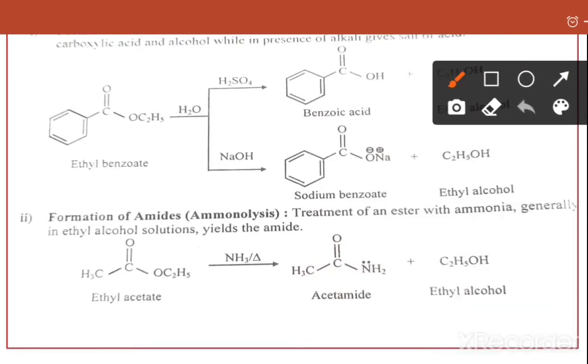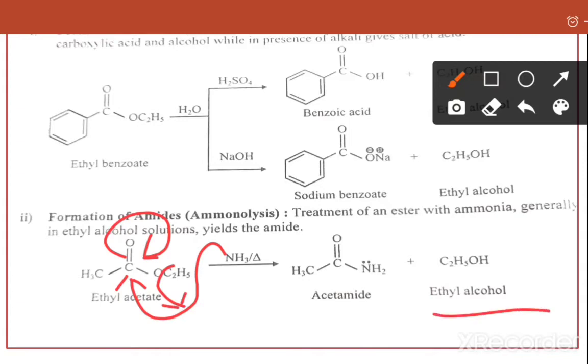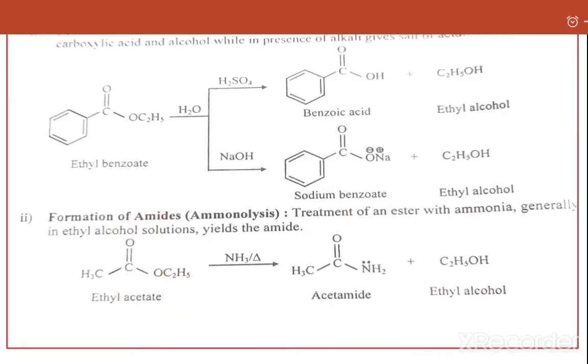The NH3 attacks the carbonyl carbon, then there is delocalization, and departure of OC2H5 in the form of ethyl alcohol, and we get our final product, acetamide. The formation of amide is nothing but acetamide.